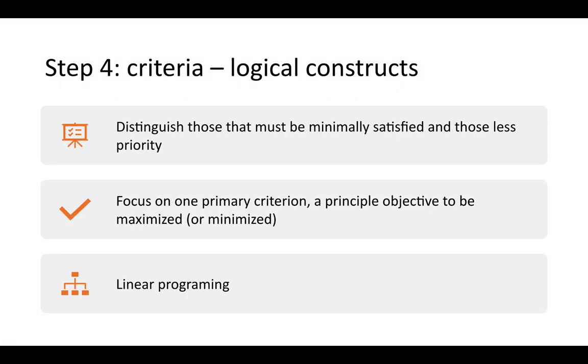All right, so practically, we must prioritize them, right, and focus on one primary criterion, a principal objective to be maximized or minimized. So all the positive objectives, right? For instance, I want to save money, then of course you need to maximize it. Or on the other side, minimize the costs.